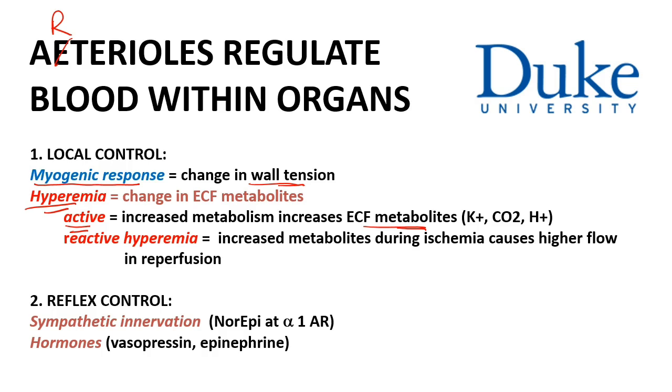So if for some reason there's ischemia within a specific region of the organ, then metabolites will accumulate within that area. The metabolism of the cells is continuing. They're using up oxygen, but new oxygen is not being delivered to the cells, and local levels of CO2 will rise. When you open the perfusion to that region after the ischemic event, then you have a greater flow of blood through the region, and that's due to this reactive hyperemia.